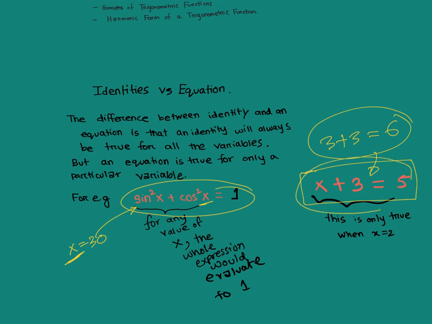So x plus 3 equals 5 is only true for one value of x, but this one over here is true for any value of x. So this is what we call an identity. An identity will be true for all values of x, or I can say it would be true for all variables.